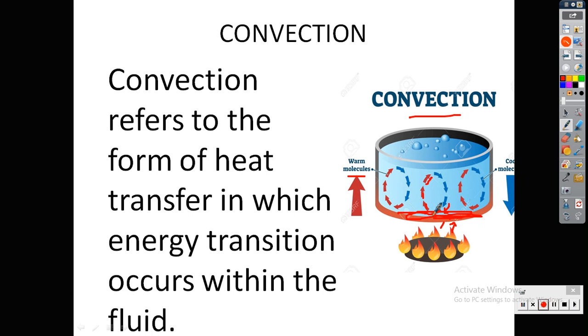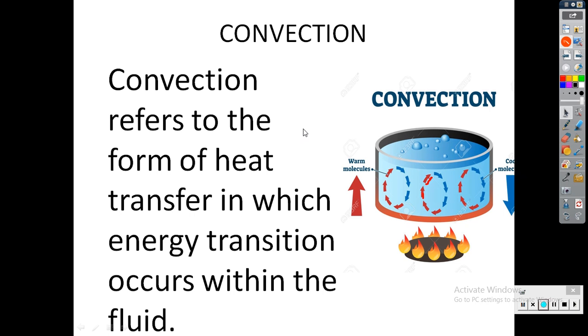So heat is transferring from hot to cold, then again this cycle continues. This method of transfer of heat is called convection. The process of transfer of heat energy in liquid is called convection.